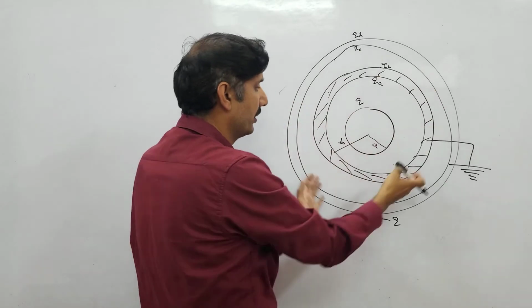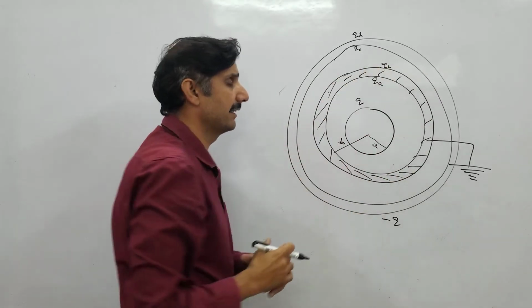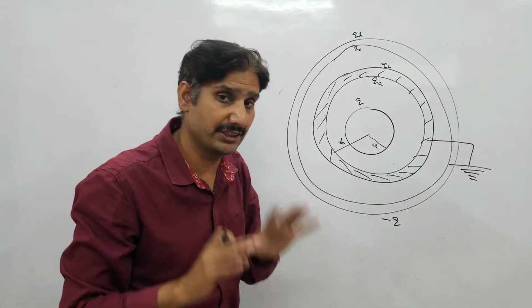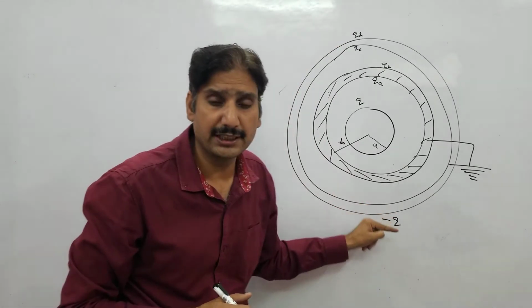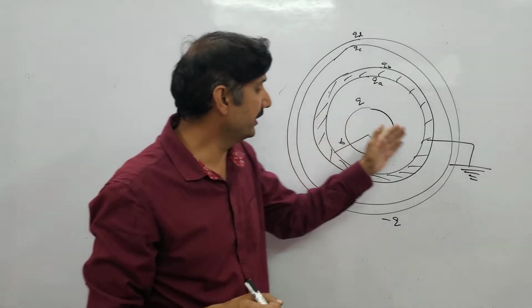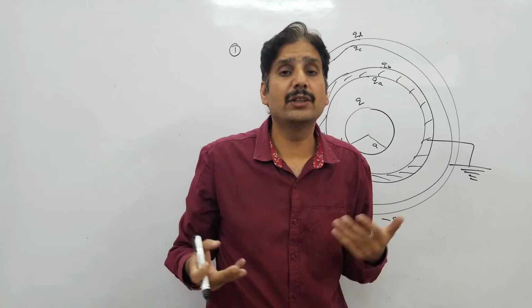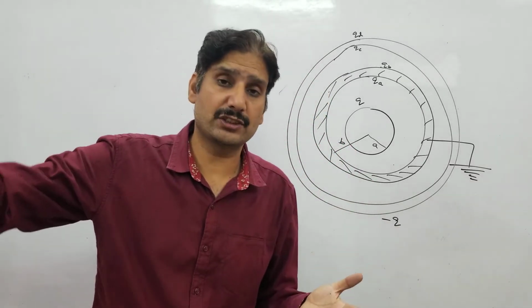Since you have put an outer shell there, and some induced charges have appeared, the total charge on the innermost shell Q will remain Q. Similarly, the total charge on the outermost shell, minus Q, will remain minus Q. The shell which is connected to ground may increase or decrease in charge simply because that's not isolated, it is connected to something else.